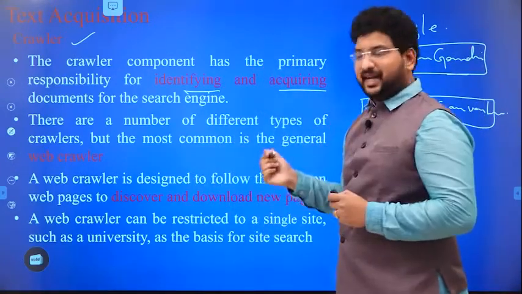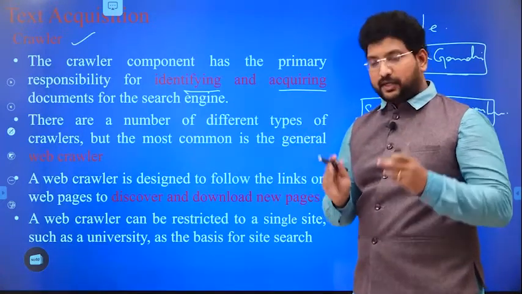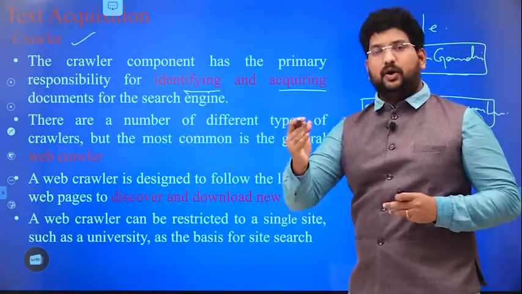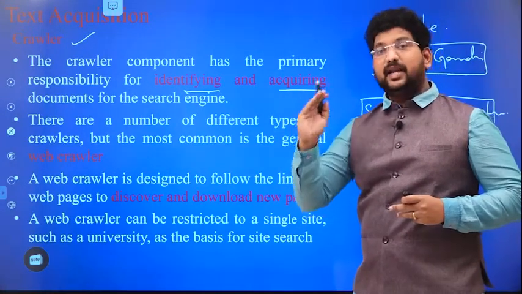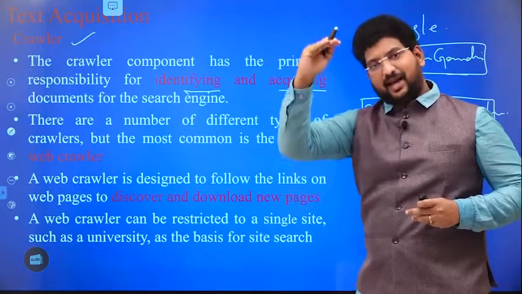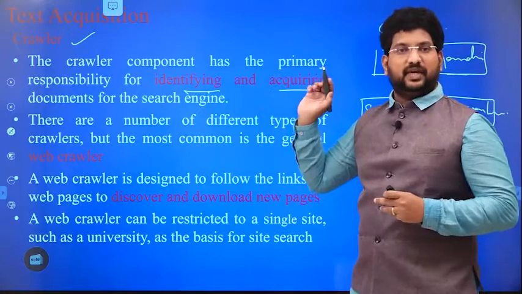Whenever you enter the data, the crawler is responsible for identifying all the documents present on the World Wide Web about Mahatma Gandhi, and it is able to display them as a ranked list of documents. So that's about the responsibility of the crawler.